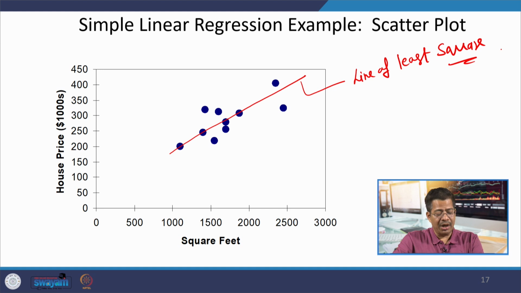Line of least square, because this line means it is the best representative of this data. This line is expressed as B naught plus B1 x1. So, this line is best representing this data set, and that is our regression equation also.